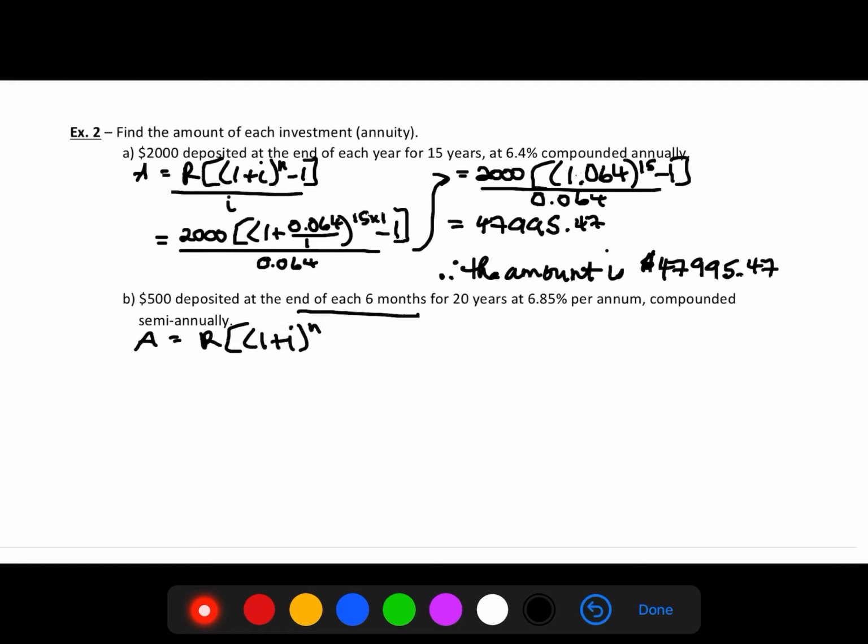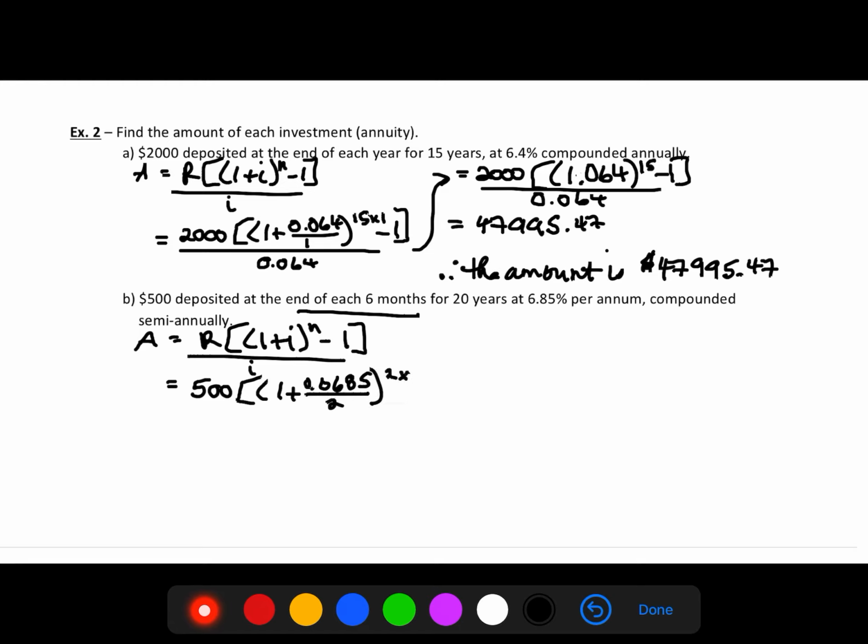Second one, we have $500 deposit at the end of each 6 months. Again, that's what tells us it's an annuity, at the end of each 6 months, for 20 years, at 6.85%. And it's compounded semi-annually. Semi-annually means every half year or twice a year.